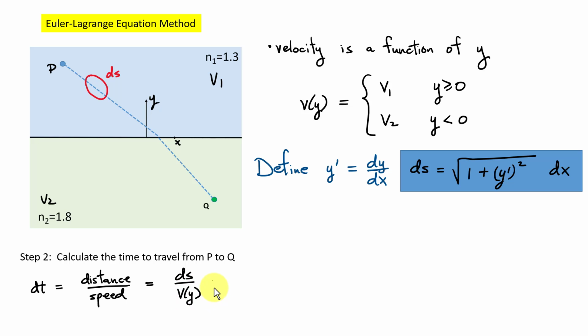Nothing too complicated. Next, I'm just going to substitute my expression for that length ds. There's the length ds that we had, and I'm still dividing by this speed function, which is a function of y.